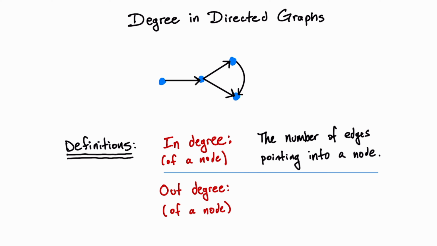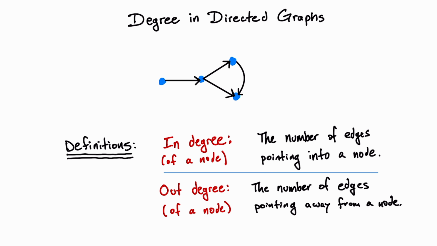The out degree of a node is the number of edges pointing away from a node. For example, this node has 2 edges pointing away from it, so it has out degree 2. Just like in degree, out degree can be 0. Can you find a node on this graph that has out degree 0? There's just one.